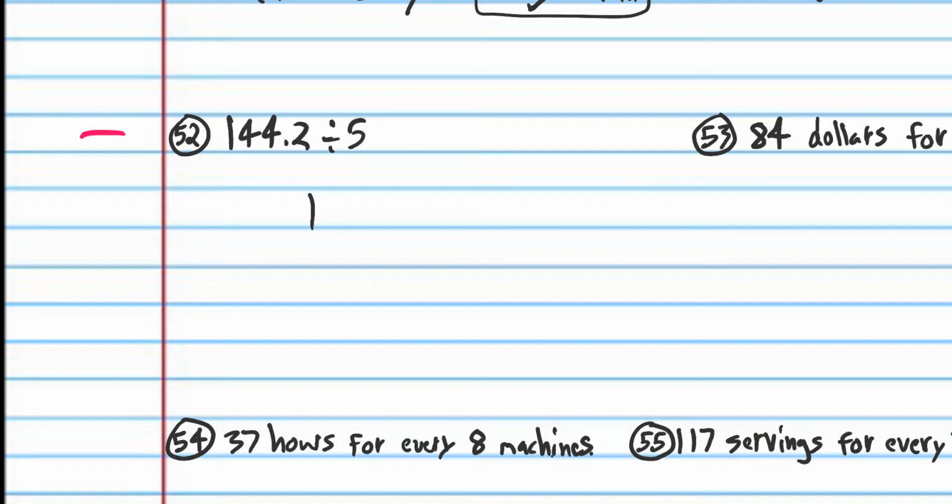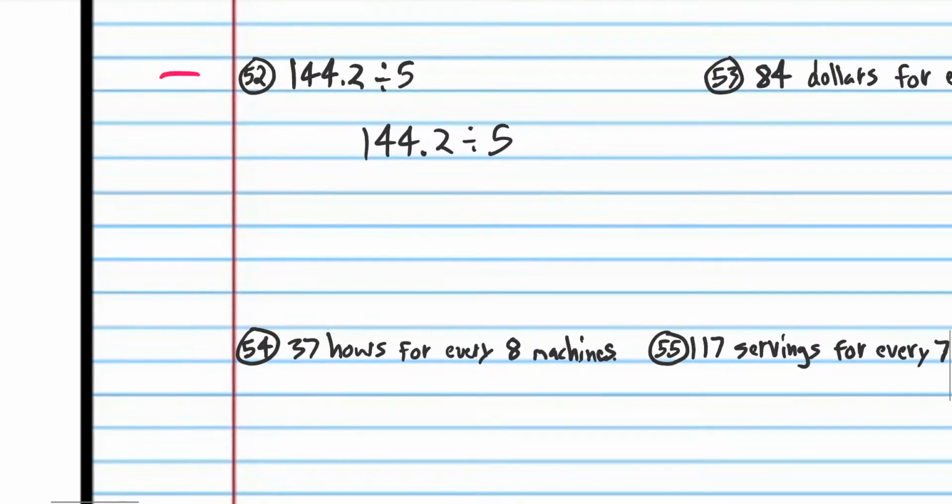Maybe it's rocket fuel or something. You want to figure out how many gallons it'll take to move 1 mile. That's the unit rate. So you take 144.2 and you divide by 5. But in this case, you're going to see that it doesn't really work. Let me show you what I mean.